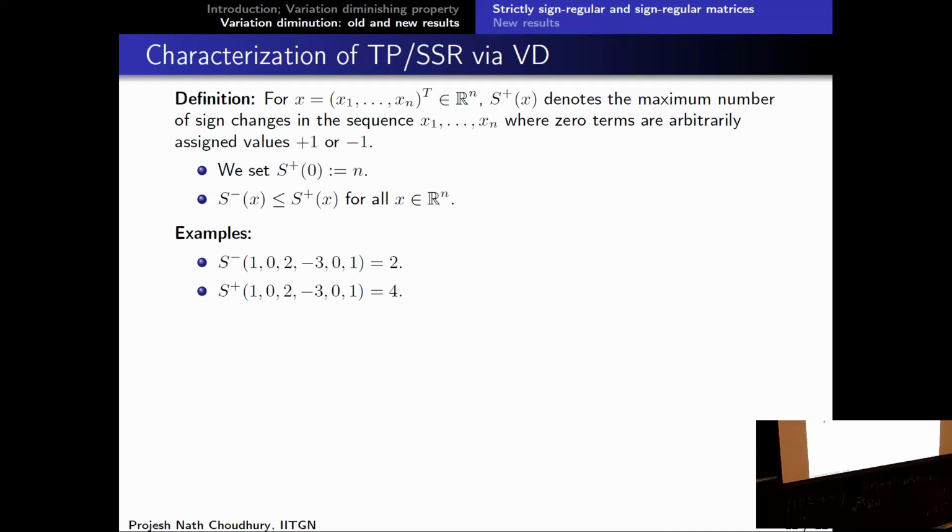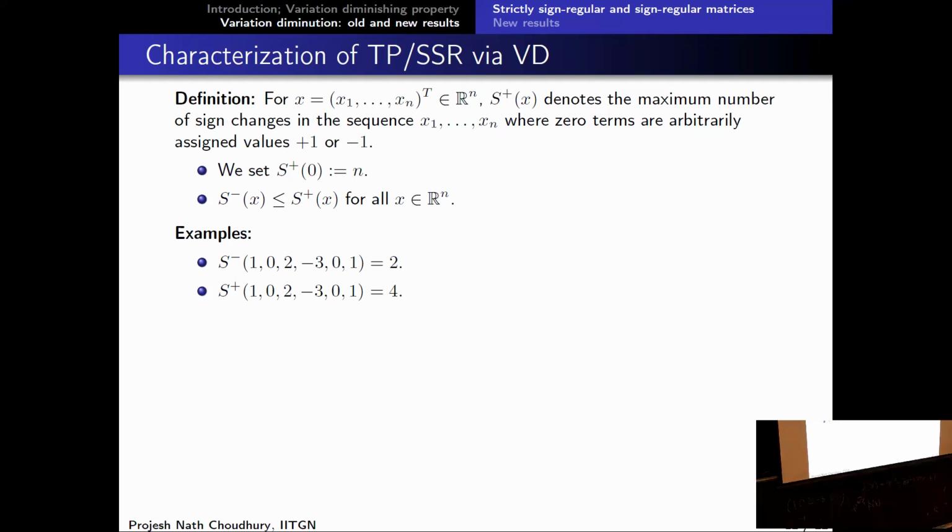In this case it will be 4. That is denoted by S plus of x. Obviously S minus of x is less than or equal to S plus of x.